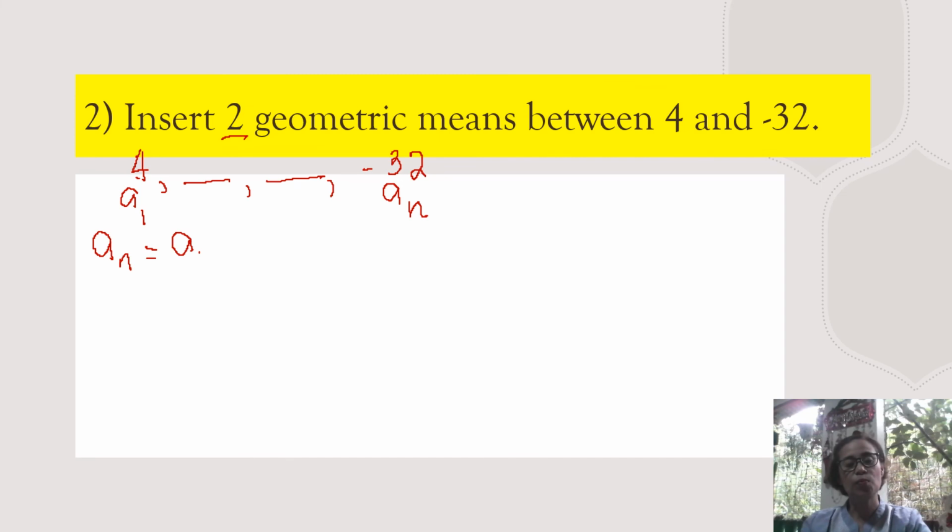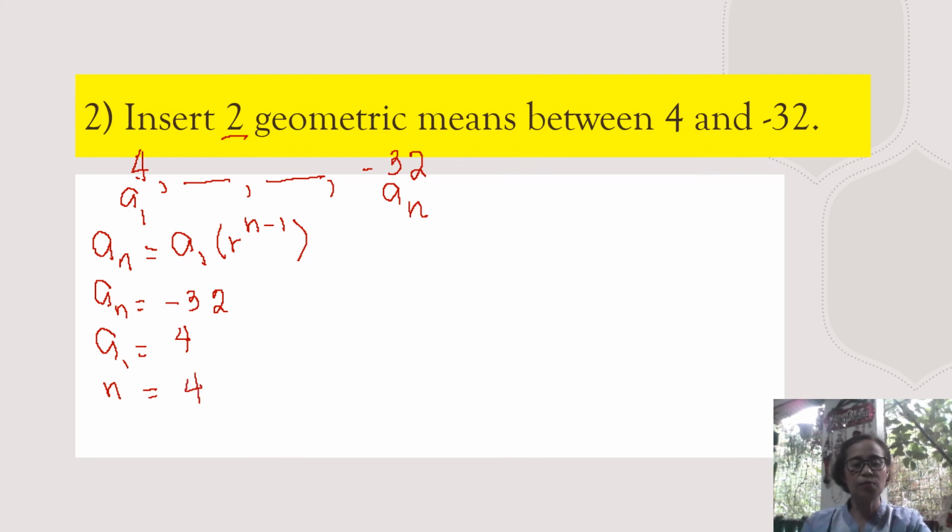A sub 1 multiplied to r raised to n minus 1. Our A sub n is negative 32. Our A sub 1, our first term, is 4. Then n, you have to count 1, 2, 3, 4. N is 4, and the common ratio is the one that's missing for us to get the next two terms.